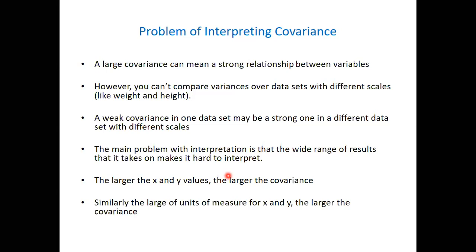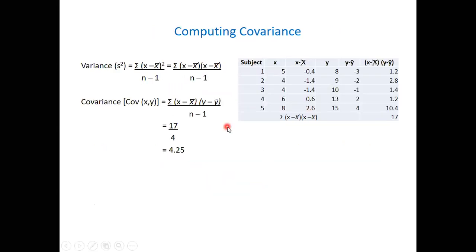Now, the problem of interpreting covariance. You will see from that formula, x can be anything, y can be anything. Imagine if x is weight and y is height. Well, it will give you a value, but whatever you are feeding in depends on the unit of measurement.